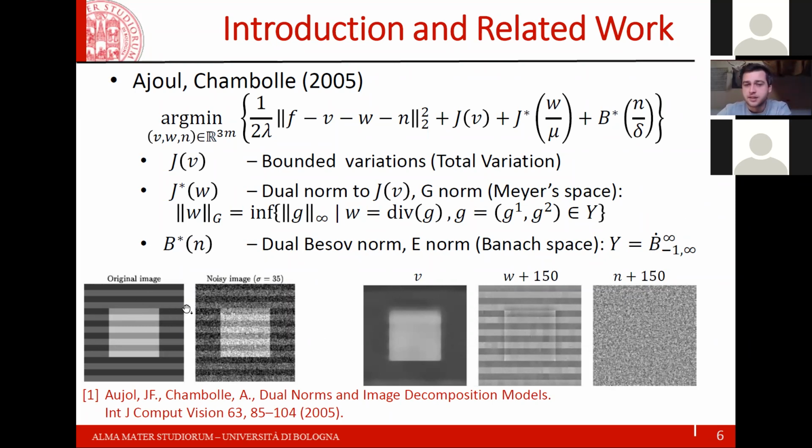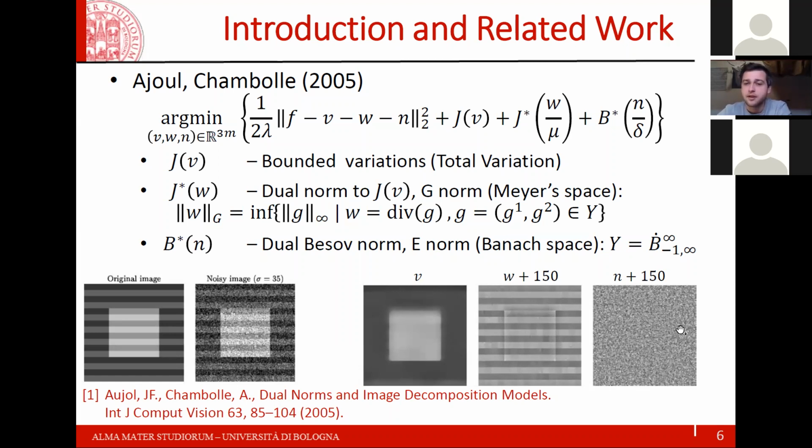As an example of the results of this model, having an original image composed of horizontal stripes and a square in the center, the authors corrupted it by the following noise with standard deviation 35, for images with values between 0 and 255.